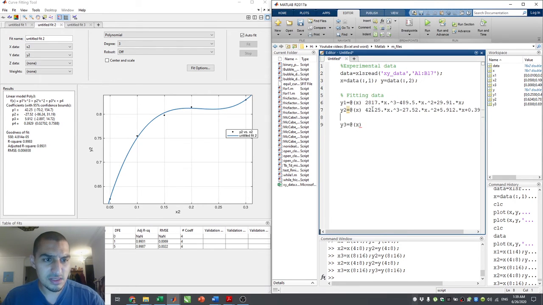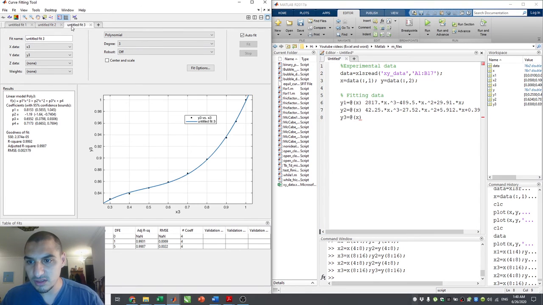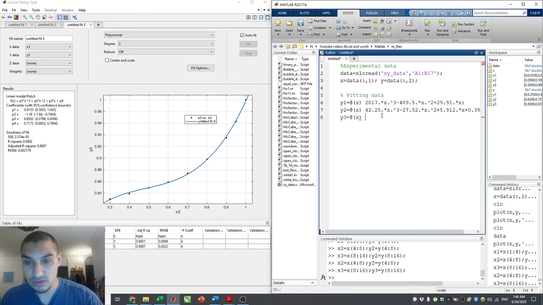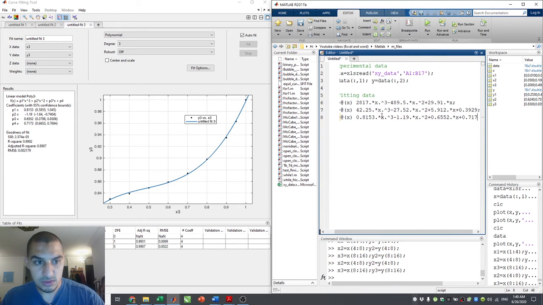So actually this is the worst part of it, that you're gonna write a lot of equations, but this takes only a few minutes and it's done once, so you don't need to worry about this anymore. 153 multiplied by x to the power of 3 minus 1.90 multiplied by x to the power of 2 plus 0.6552 multiplied by x to the power of 1, so I'm not gonna put the power, plus 0.7173.